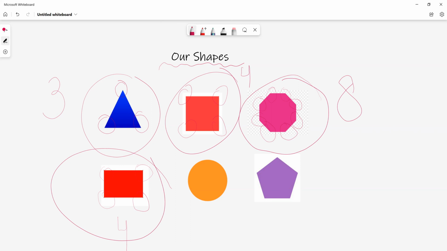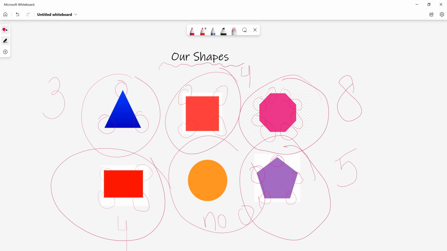How about our circle? Does our circle have any sides? No. 0 sides. How about a pentagon? How many sides? 1, 2, 3, 4, 5. 5 sides.